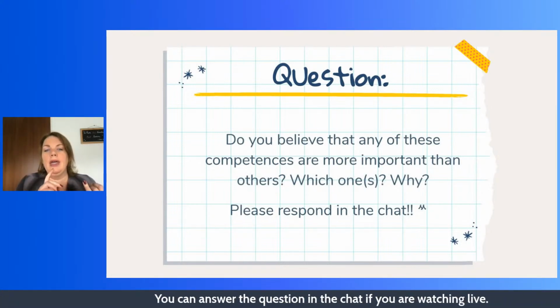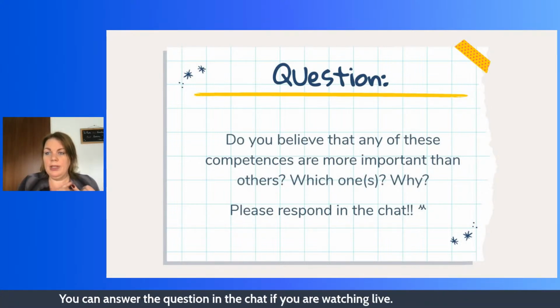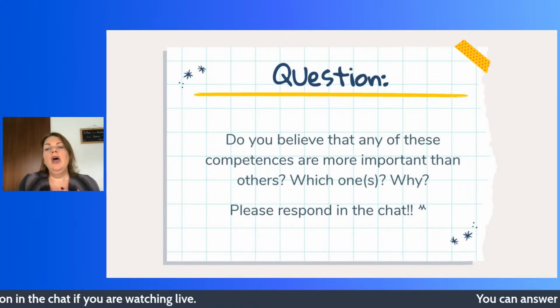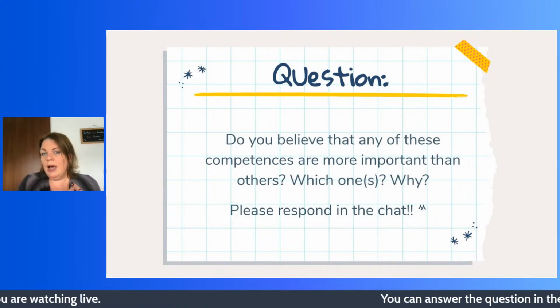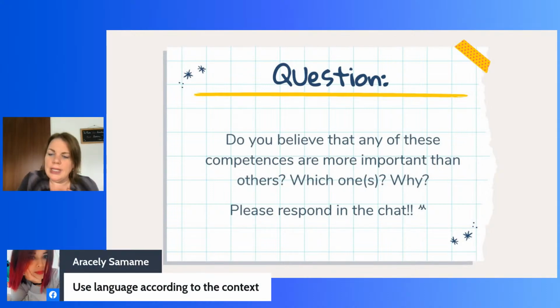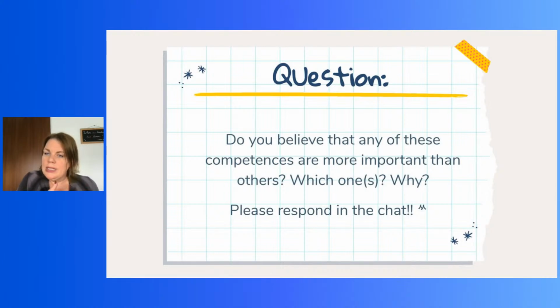We had strategic competence, the ability to deal with deficiencies in the language, sociolinguistic competence, discourse competence, and pragmatic competence. Do you believe that in order to communicate, any of these 5 competences are more important than others? Which one or which ones and why? Is linguistic competence the most important? Do we need grammar to be able to communicate?